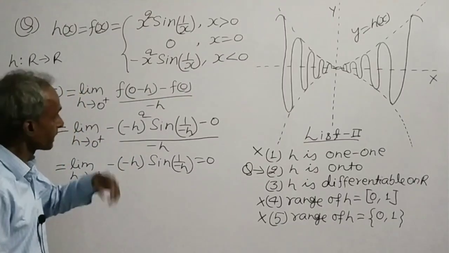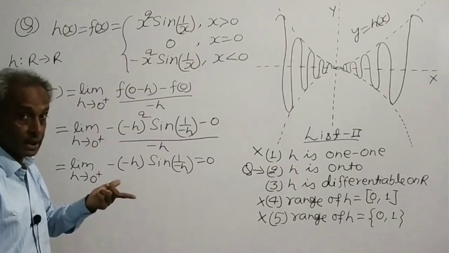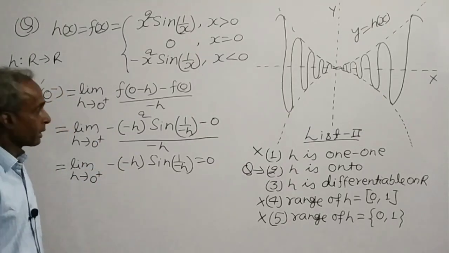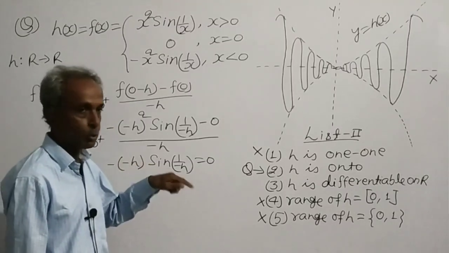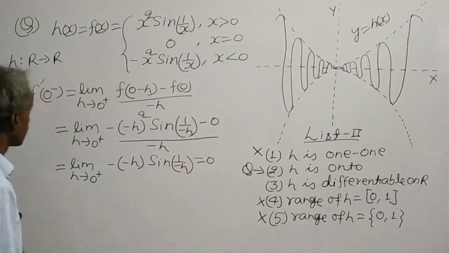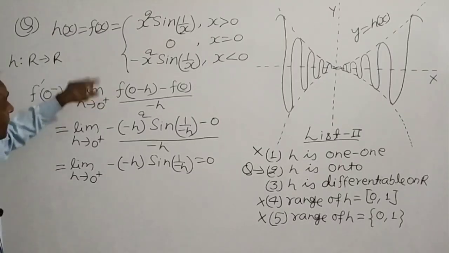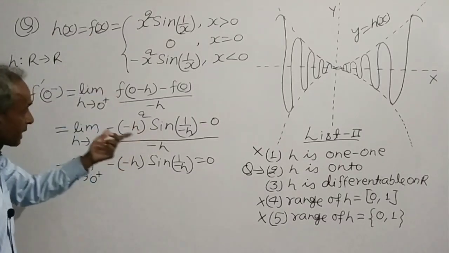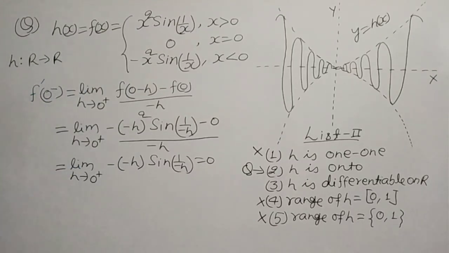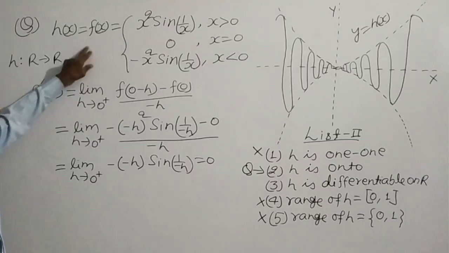Therefore, what is the situation at x equal to 0, whether it is differentiable or not? We will have to check its differentiability at x equal to 0. h(x) will be differentiable when f(x) will be differentiable, because both are equal functions. So we check the differentiability of f(x).